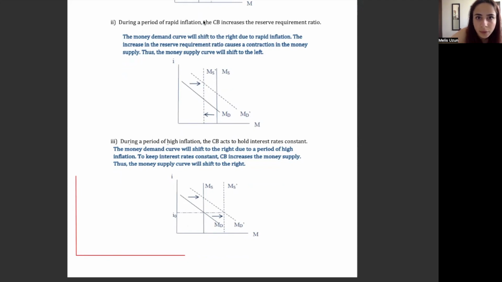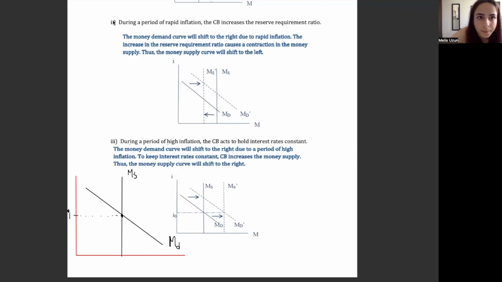We have the money supply and money demand curves. The purpose here is to hold the interest rate constant. Our interest rate is the intersection point of money supply and money demand. So here is our interest rate.